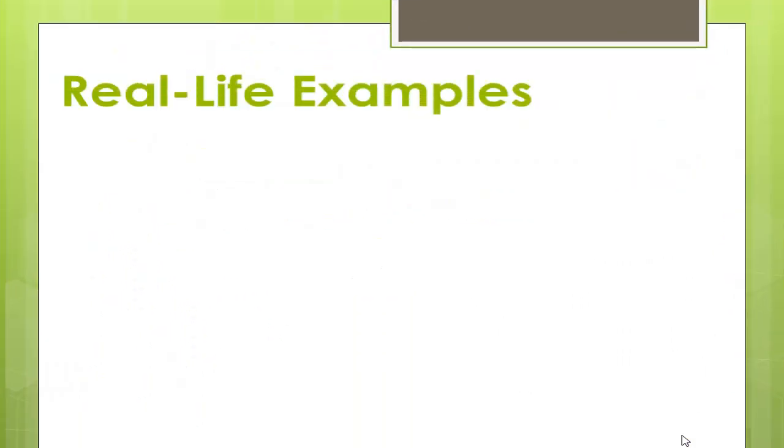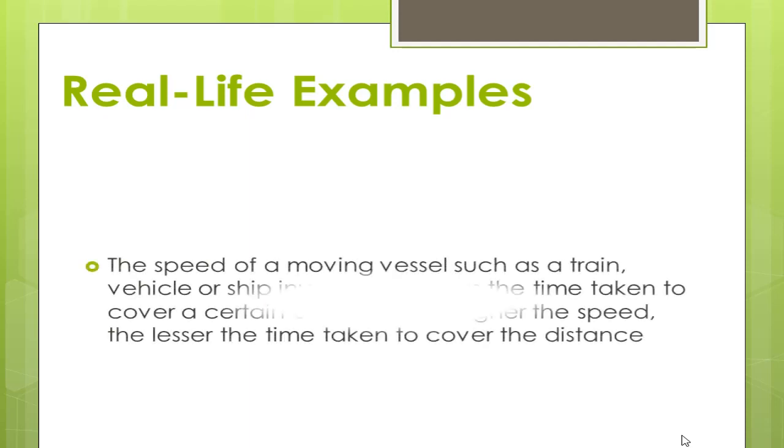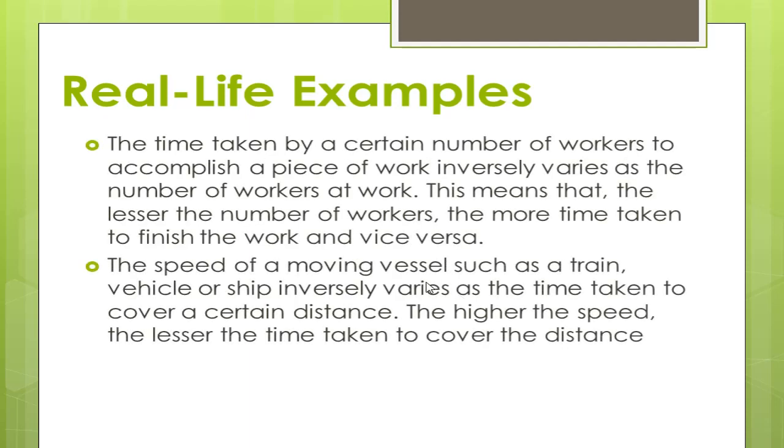Now there are real life examples for inverse proportions. The time taken by a certain number of workers to accomplish a piece of work inversely varies as the number of workers at work. This means that the lesser the number of workers, the more time taken to finish the work, and vice versa.